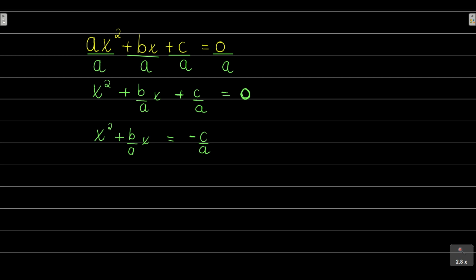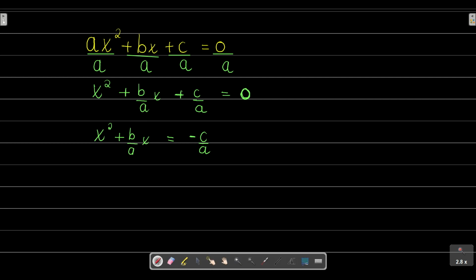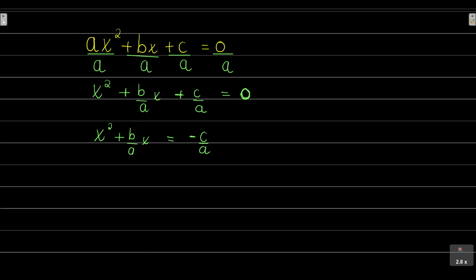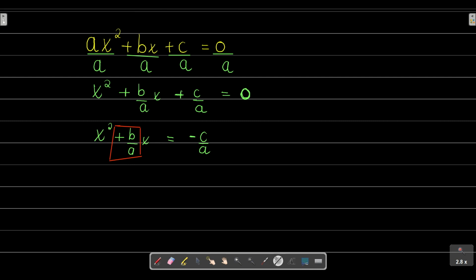Once our equation is in this form, what did we look at? We looked at the coefficient of x, and in this case, the coefficient of x is b over a. What did we do with that coefficient of x? I'm going to show you here on the side.